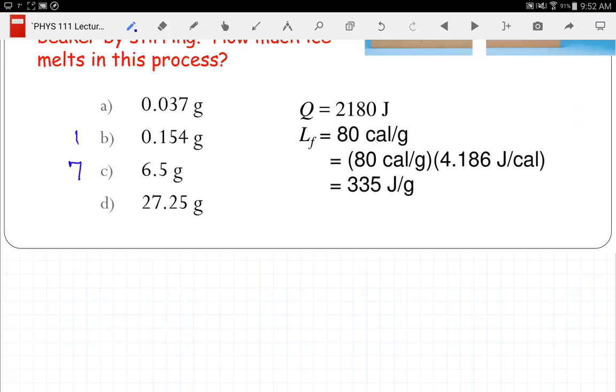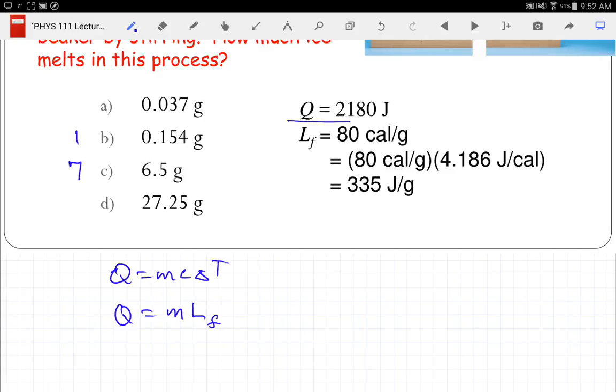We learned last class period on Monday that in order to change the temperature, Q was equal to MC delta T. But in order to change phase, Q is equal to ML. And if it's melting or freezing, it's latent heat of fusion.